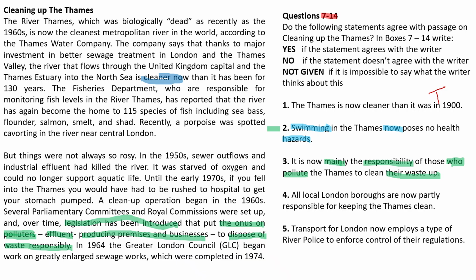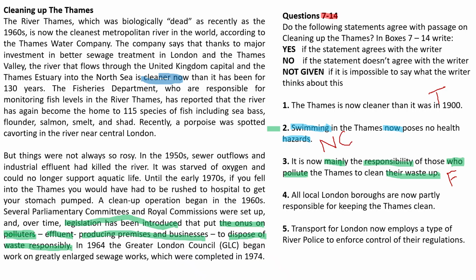Now read the further lines. Then it has been for 130 years. Now in the context of this passage, it is written as recently as 1960. So the present time is taken as 1960, maybe when this article was written. So if you reduce 130 years from 1960, it will be 1830, and the year 1900 falls in between 1960 and 1830.